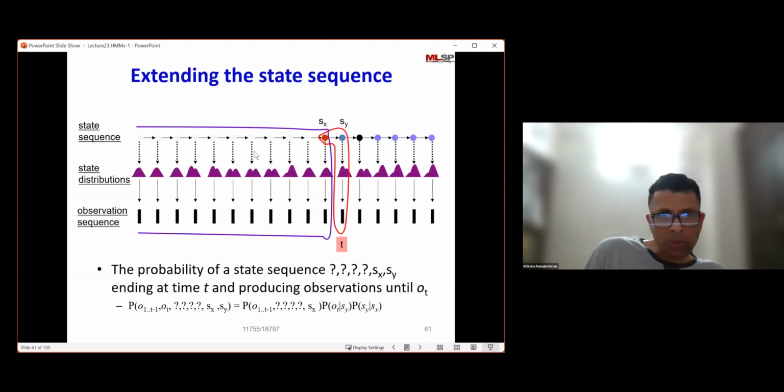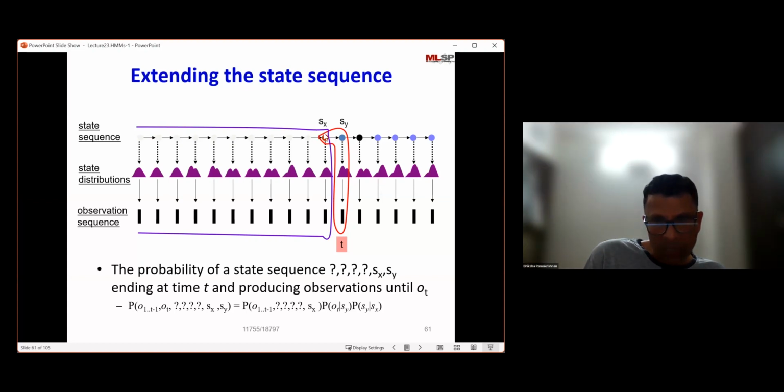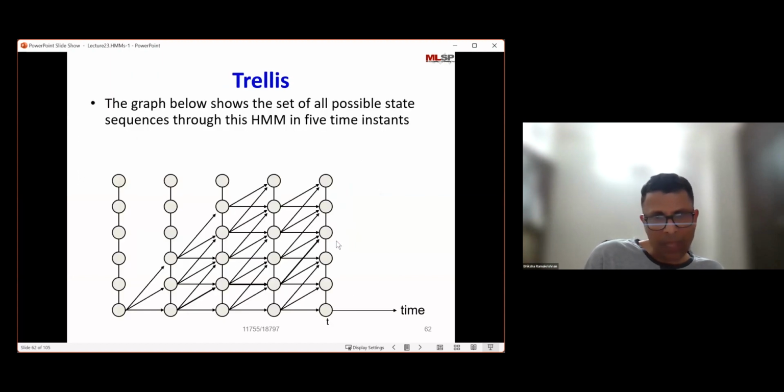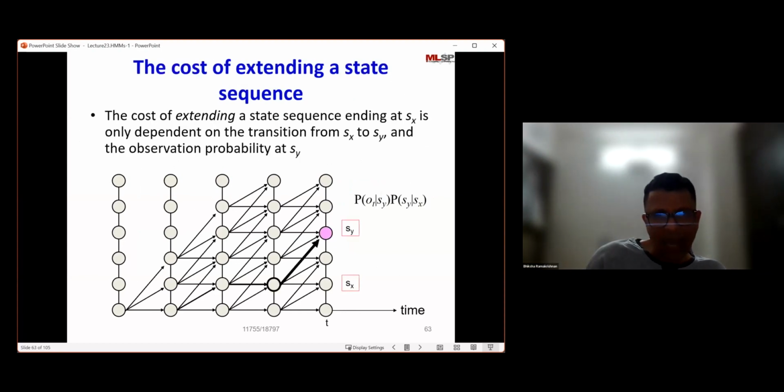So the probability of the most probable state sequence ending with red and blue is the probability of the most probable state sequence ending at red, times the probability of transitioning from red to blue, times the probability of the tth observation. That's it, okay?